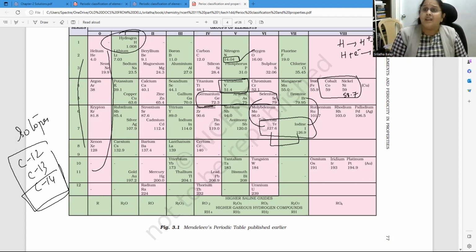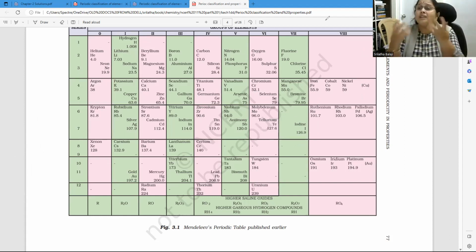Another thing, the beauty of this is that he gave place for the newcomers. What are the newcomers? The elements which were not discovered yet. He said, even if one day someone discovers an element, let me give some position in the periodic table. He said, Eka, and he gave a position.